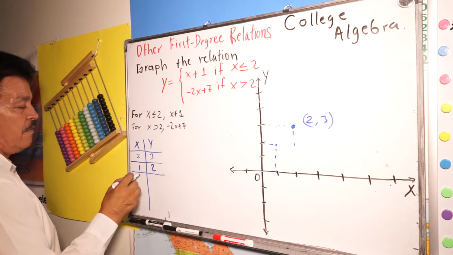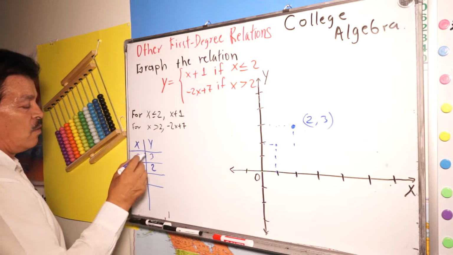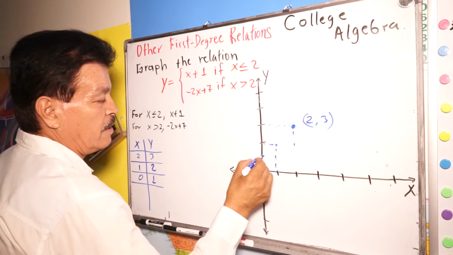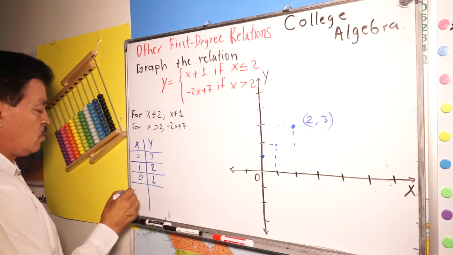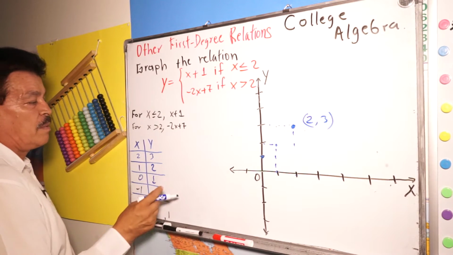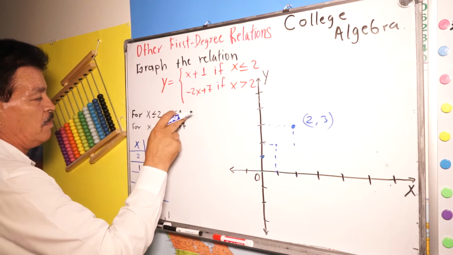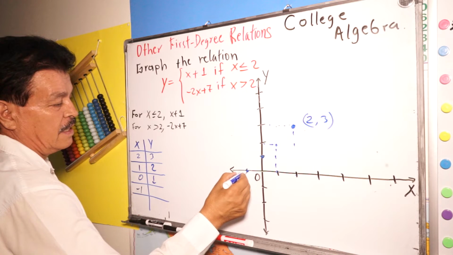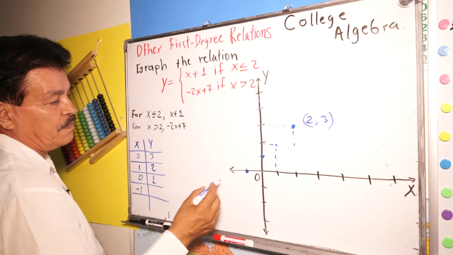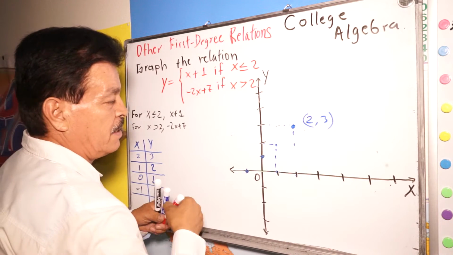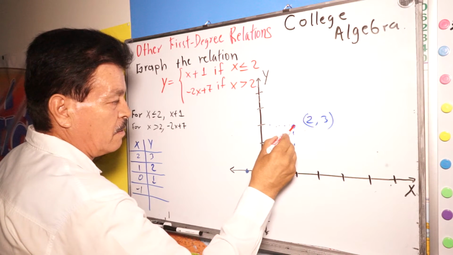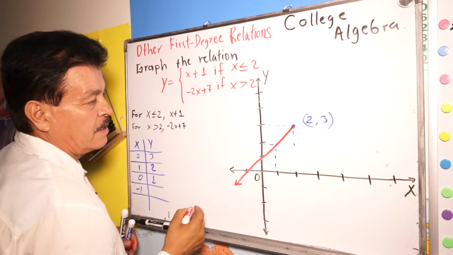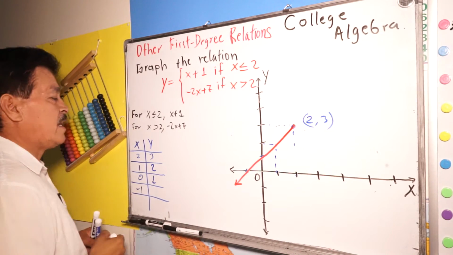If you give it 0 for x, y equals 1, right? So (0, 1), and so on. Negative 1 for x, negative 1 plus 1 is 0 right here. So this is one side of the graph. Let's go to the second one.